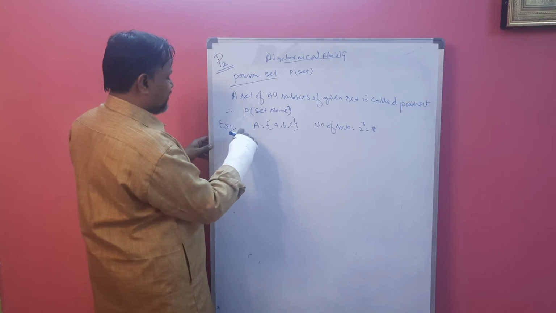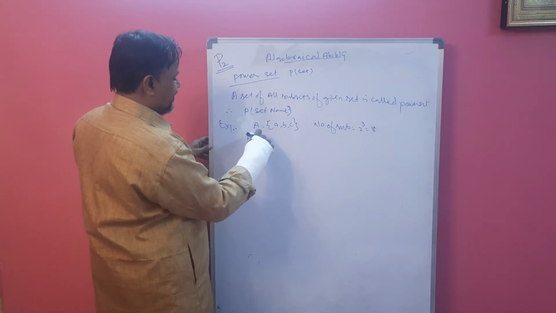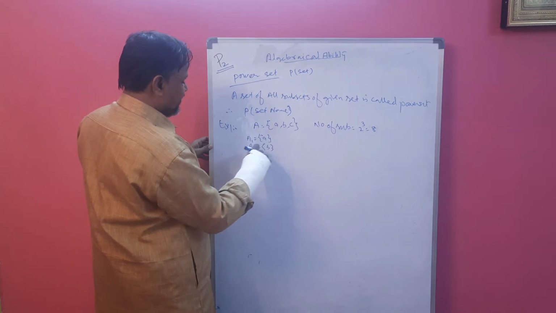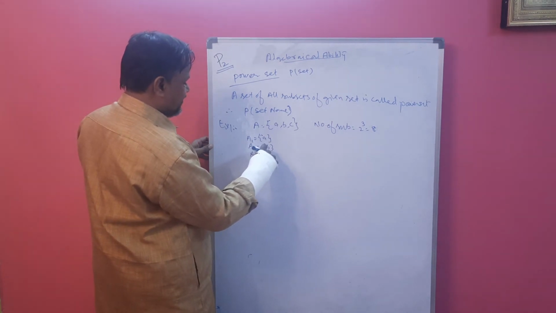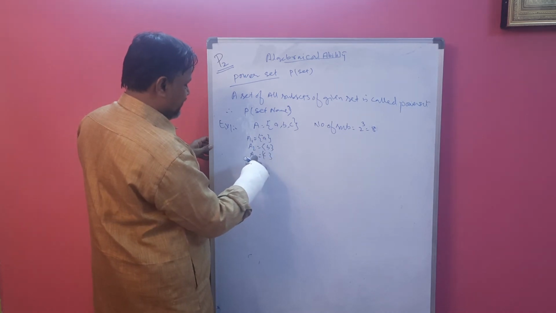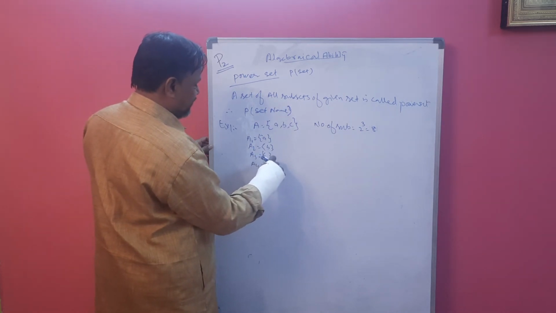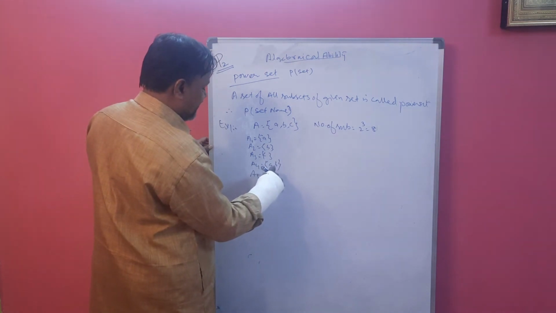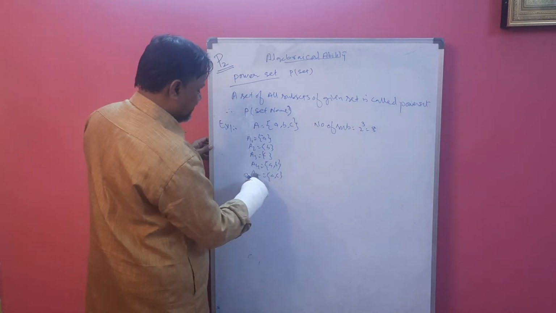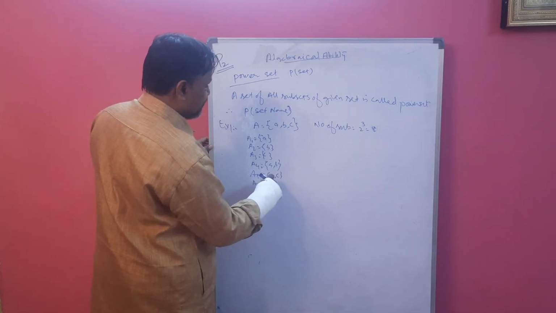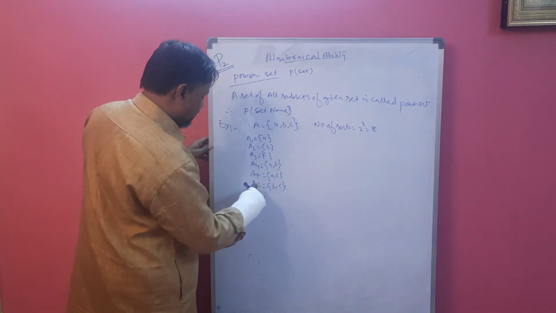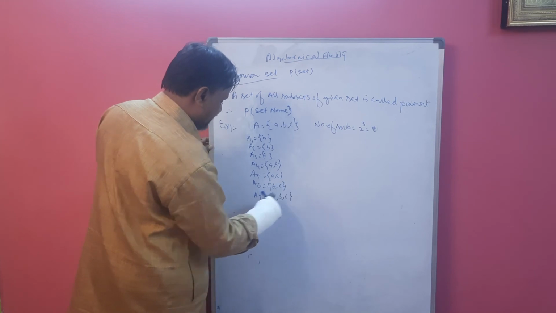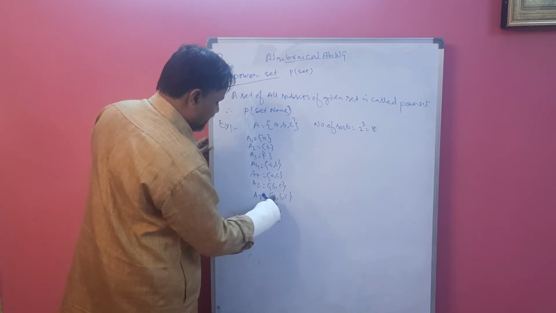If we write all subsets, A1 is what? A. A2 is what? B. A3 is what? C. A4 is what? Combination AB. A5 is what? AC. A6 is what? BC. A7 is what? Complete set A, B, C. Okay. Now A8 is what? That is the empty set.